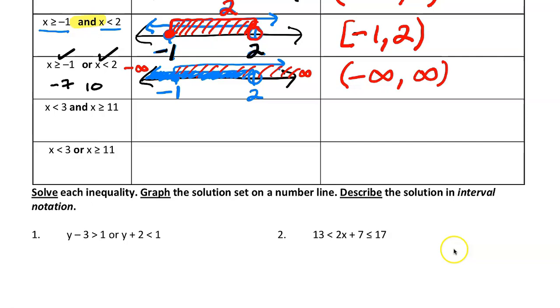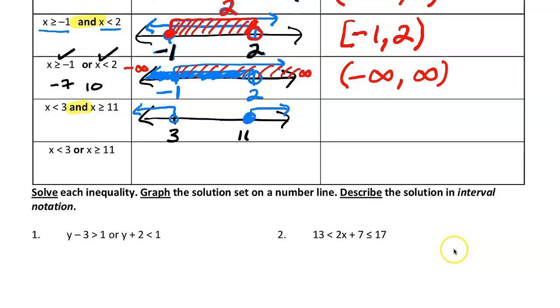Let's see what happens on the next one. We have a compound inequality. Here's 3 and here's 11. We have less than 3. That would be this way. And we have greater than or equal to 11. That would be this way. And since it's an "and" inequality, we want the intersection.